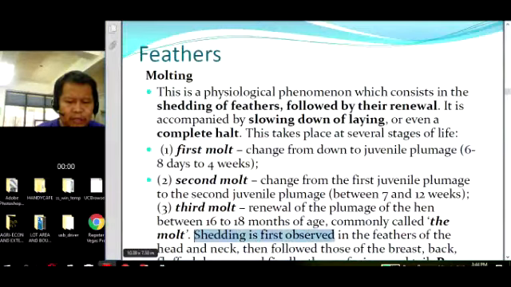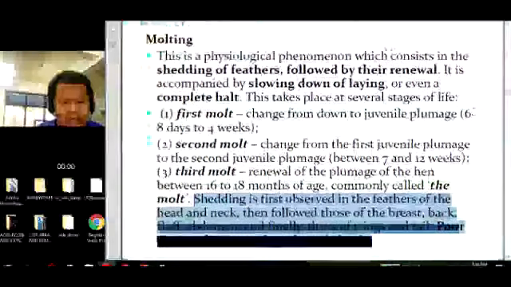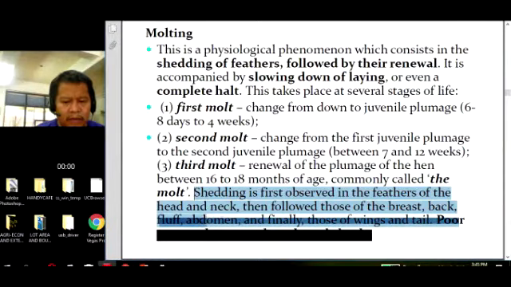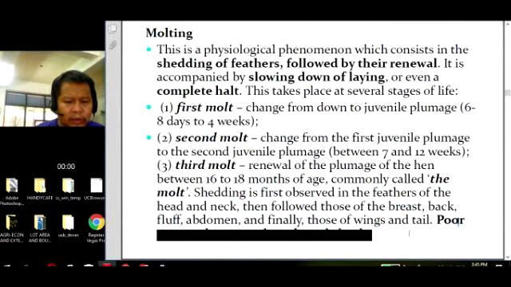Shedding is first observed in the feathers of the head and neck. So una nga nagro-roll, una mag-ilis og balhibo, ang ulo, ang liog. Then followed by those of the breast, back, flap, abdomen, and finally those of wings and tail. So wing and tails are usually the ones that molt last.